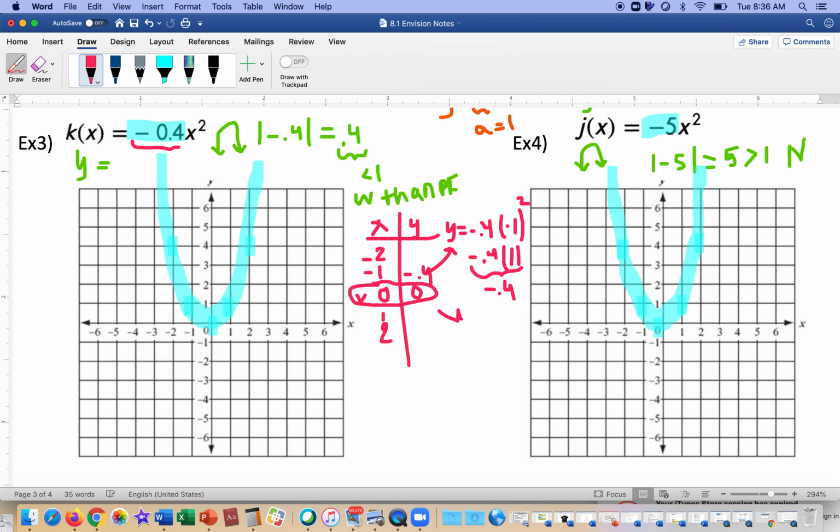Down here, if I do the same thing, if I had y equals negative 0.4 x squared, and we're plugging in 1 for x, we would get 1 times negative 0.4, which is still negative 0.4.